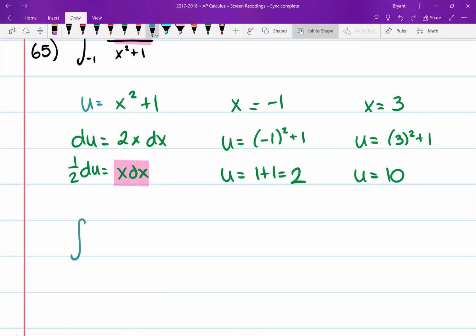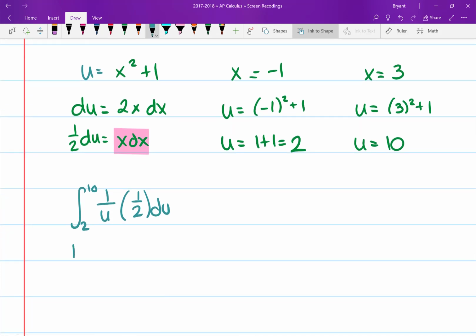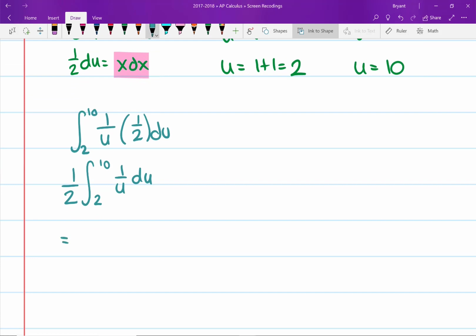We get this is the integral of 1 over u times 1/2 du from the limit points of 2 to 10. So this is going to be 1/2 times the integral from 2 to 10 of 1 over u du. So this is 1/2 times ln of the absolute value of u from 2 to 10.